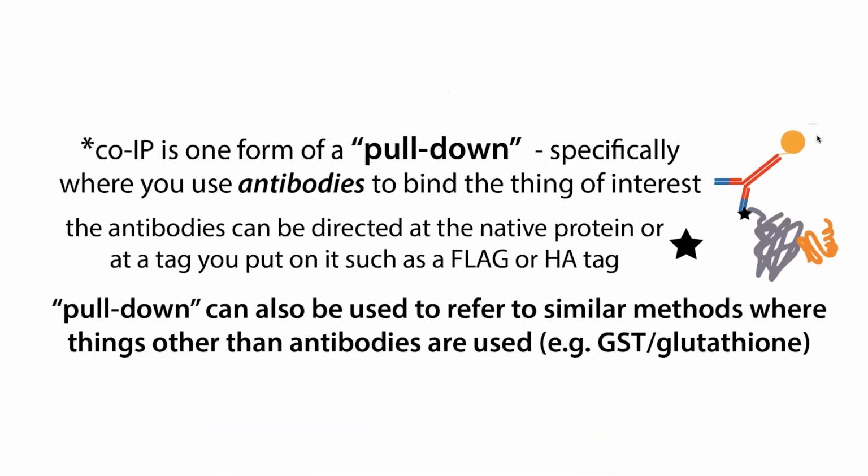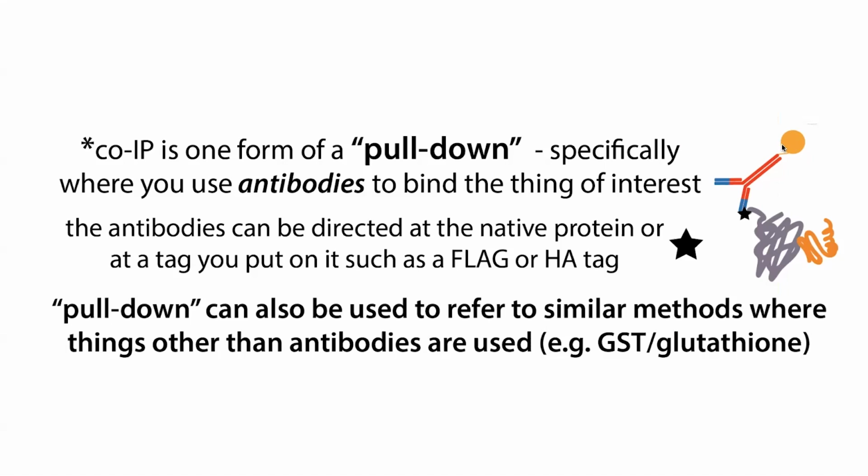In terms of the other benefit of using an epitope tag, you can buy these antibodies already bound to the beads. If you're using an antibody that is not bound to the beads already, you're going to have to attach it to the beads yourself.